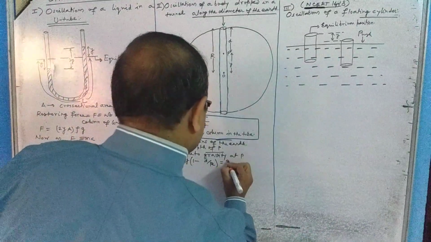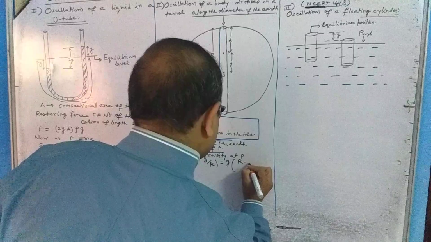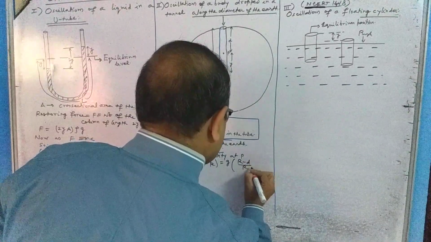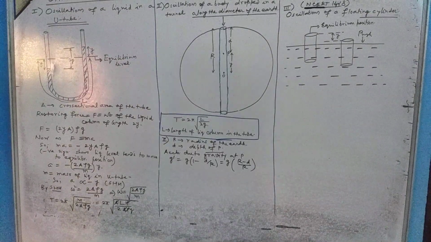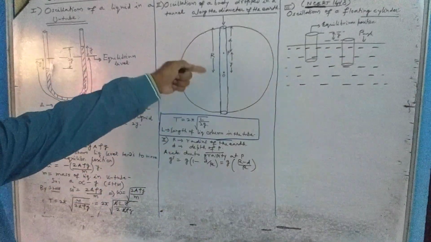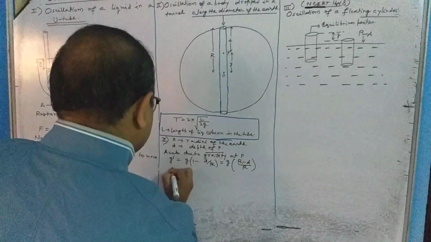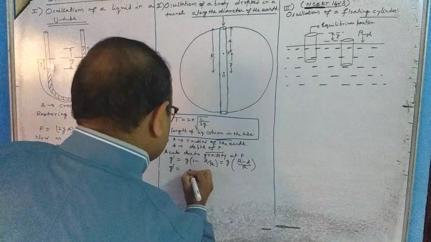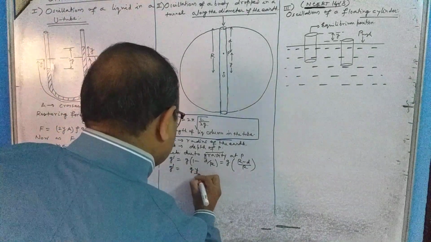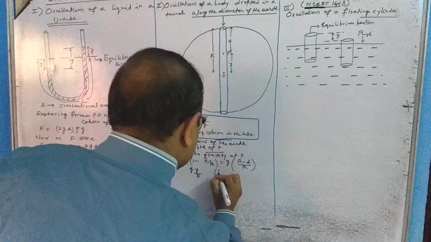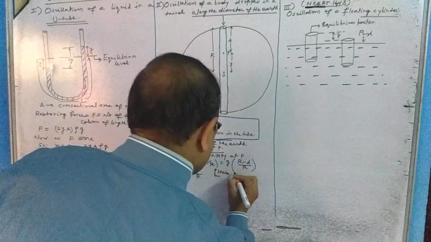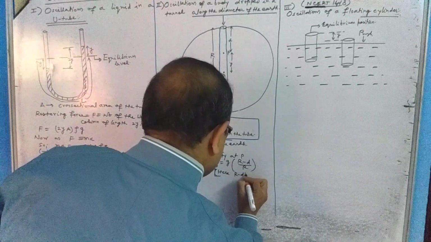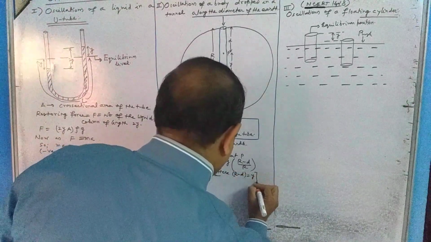Then it is equal to g into (R minus d) by R. R minus d, just you see, g' is equal to g into y by R. Here I write R minus d equal to y.